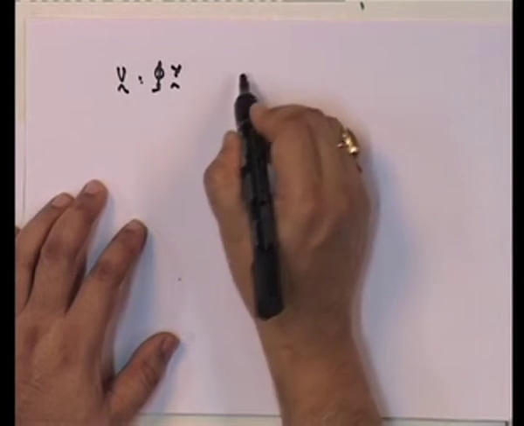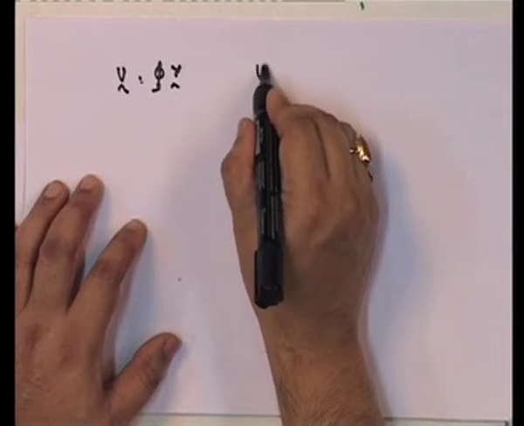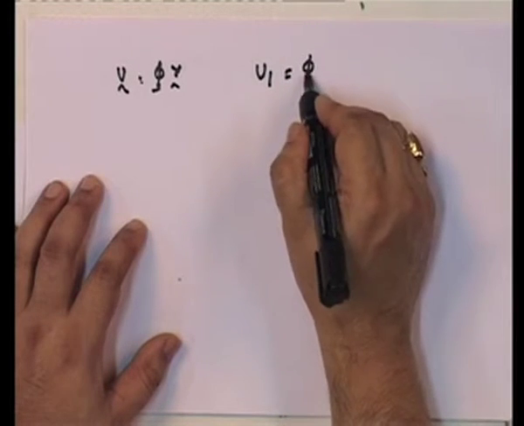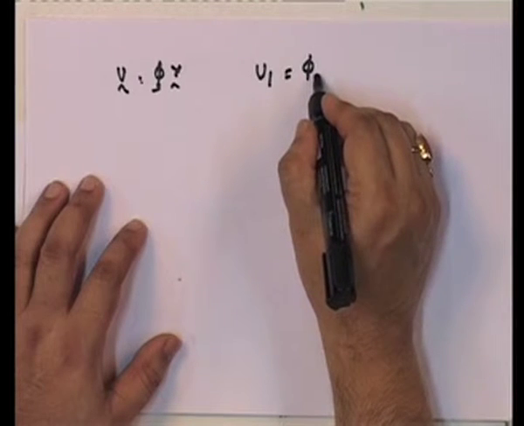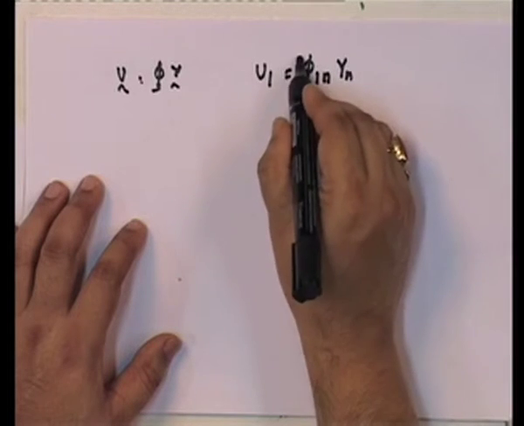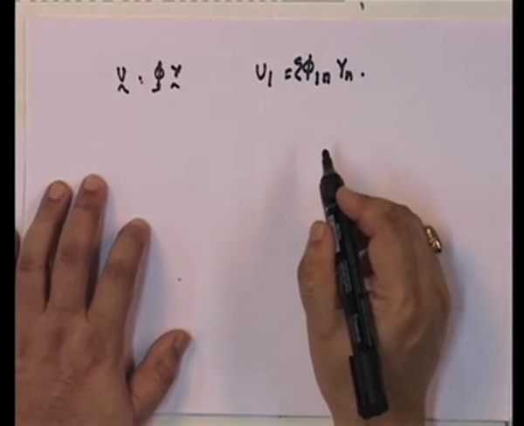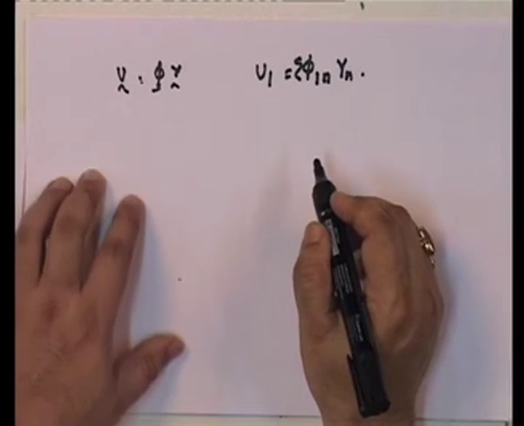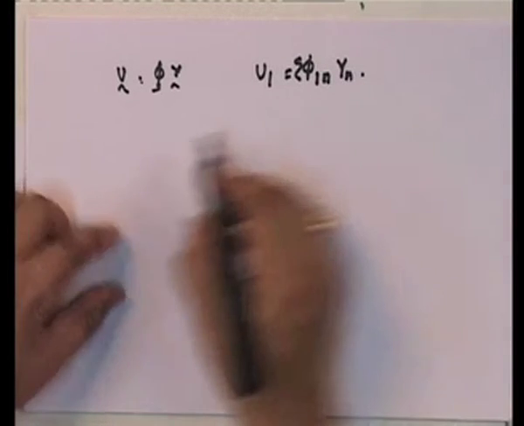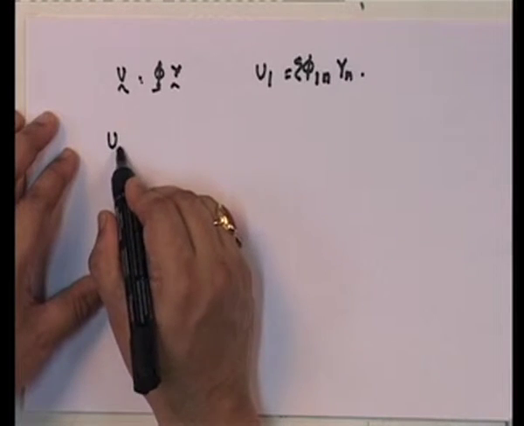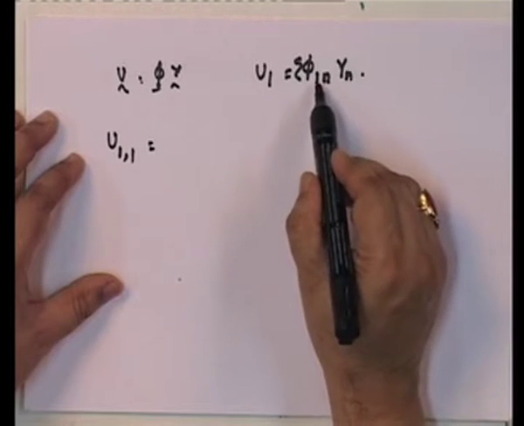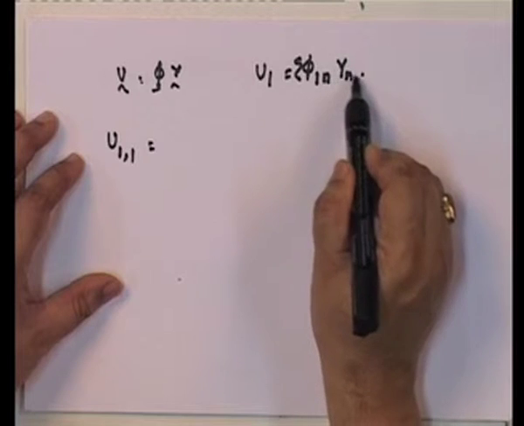Now I can also say that v1 of t is equal to the summation of phi 1n yn. Let me look at the first displacement in the first mode. That will only be phi 11 into y1.